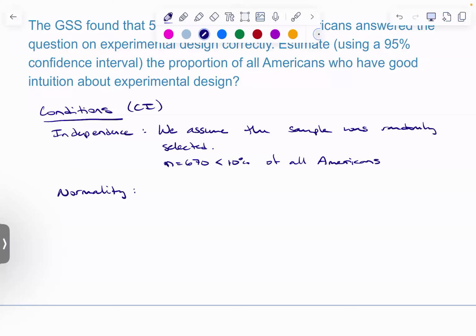The normality or the sample size condition for a confidence interval: I need at least 10 observed successes and at least 10 observed failures.